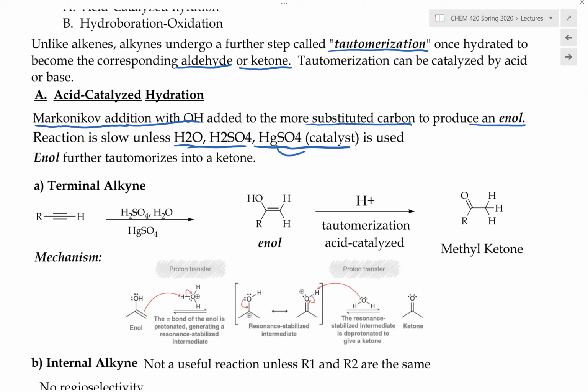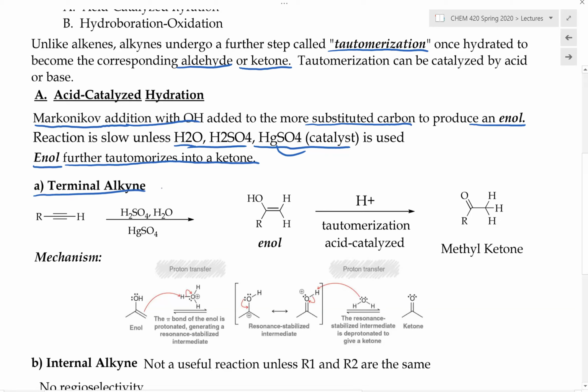The product would then be the enol. This enol further undergoes the tautomerization step into a ketone or an aldehyde, dependent on whether we have a terminal alkyne or an internal alkyne. Let's talk about the terminal alkyne first.